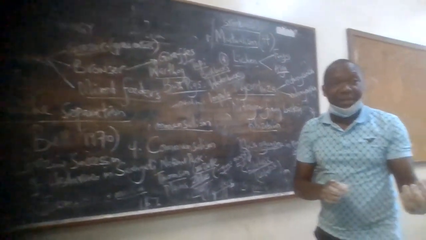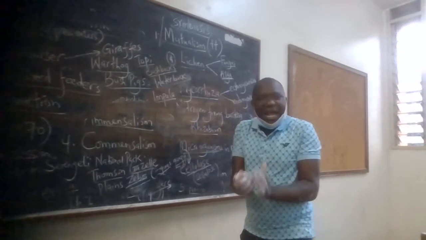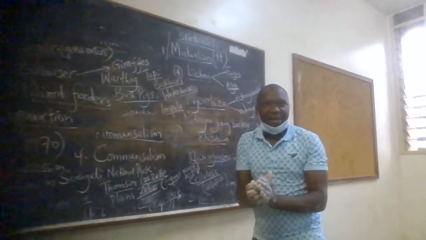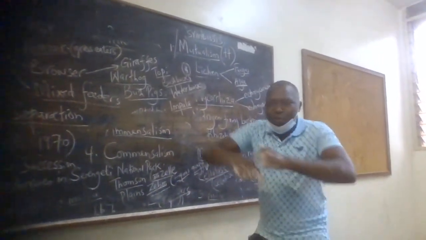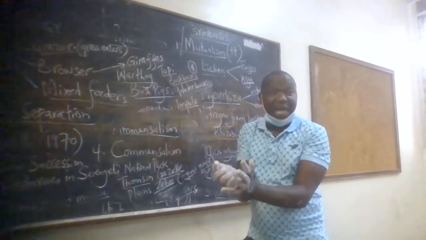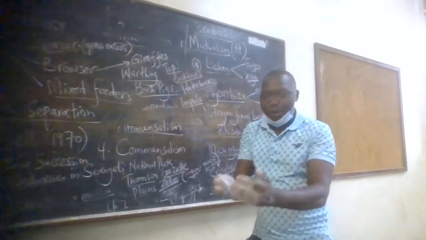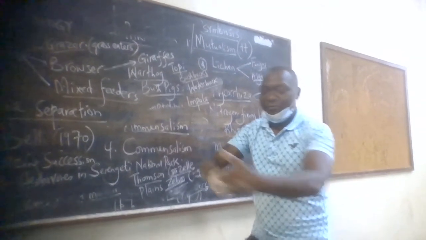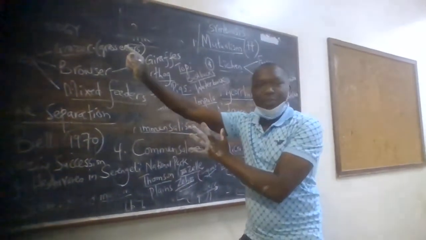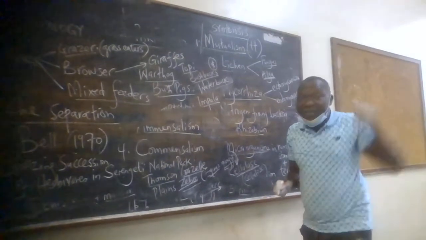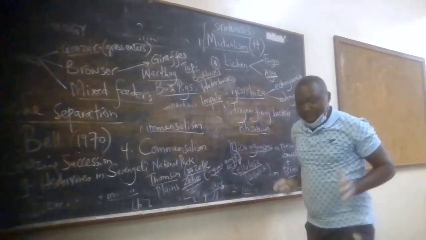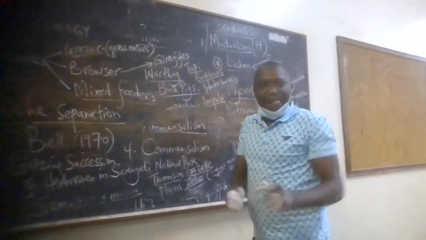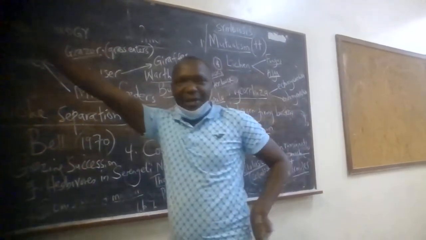You understand? So that kind of feeding arrangement where one group of grazers consumes a certain resource or food and moves away, another group of another species uses the same area, consumes and moves away.